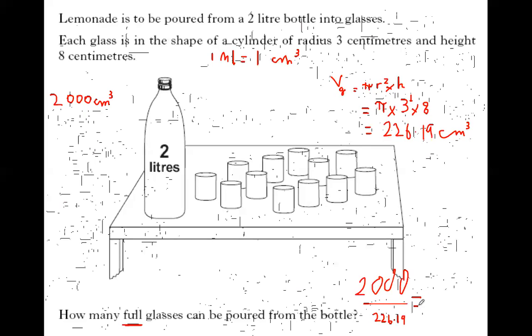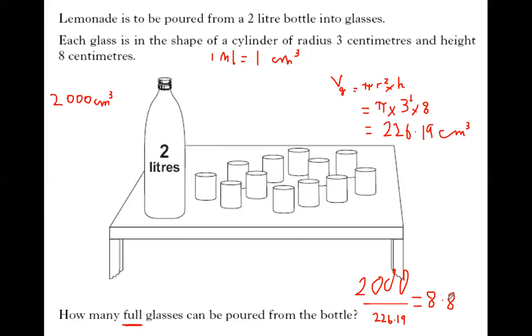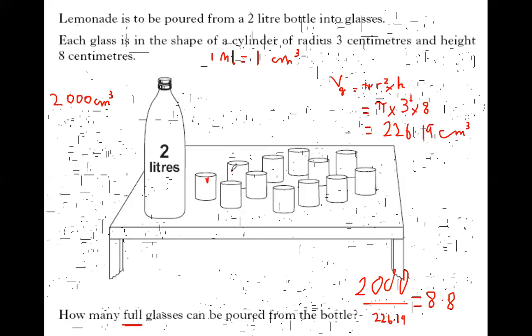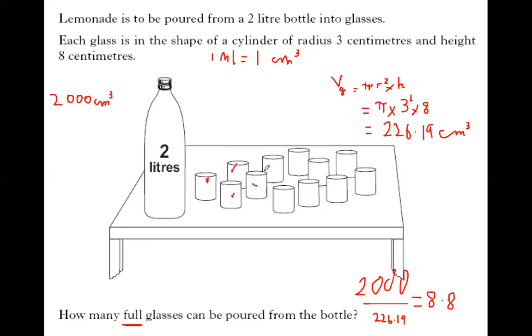So how many full glasses can we pour? Is the answer not only 8, because you can't pour 8.8 glasses if it's a full glass? Correct. So you'll be able to do 1, 2, 3, 4, 5, 6, 7, 8. So 8 full is your answer.